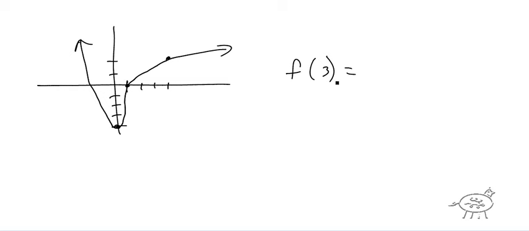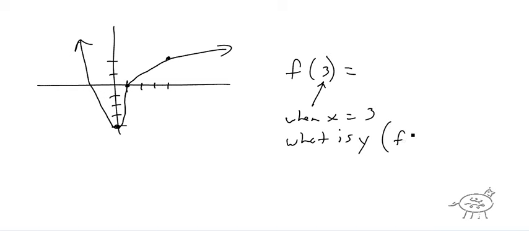Well, I just go to this. Remember, that's saying, hey, when x is 3, what's y? So when x equals 3, what is y? Which is the same thing as f of x. Okay, so x is 3, 1, 2, 3. I guess we'll do 4. Okay, 1, 2, 3, 4. Y is 2. It's pretty easy.